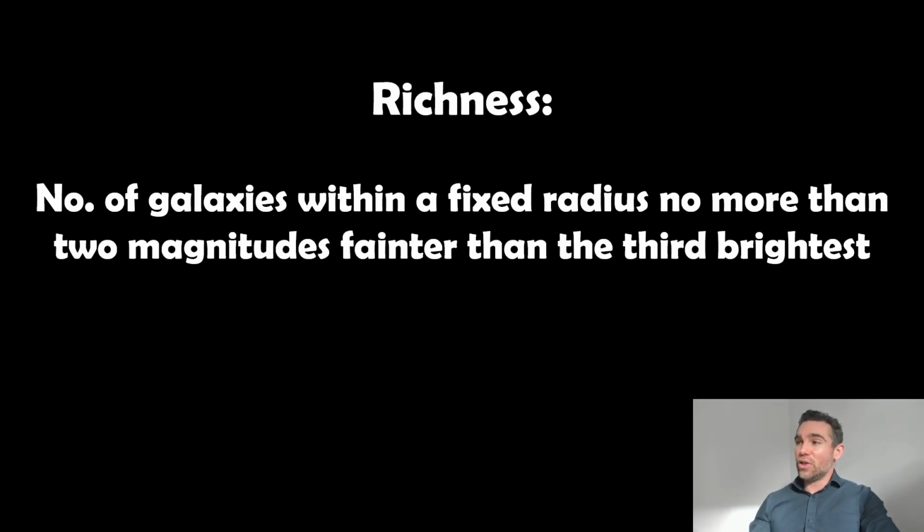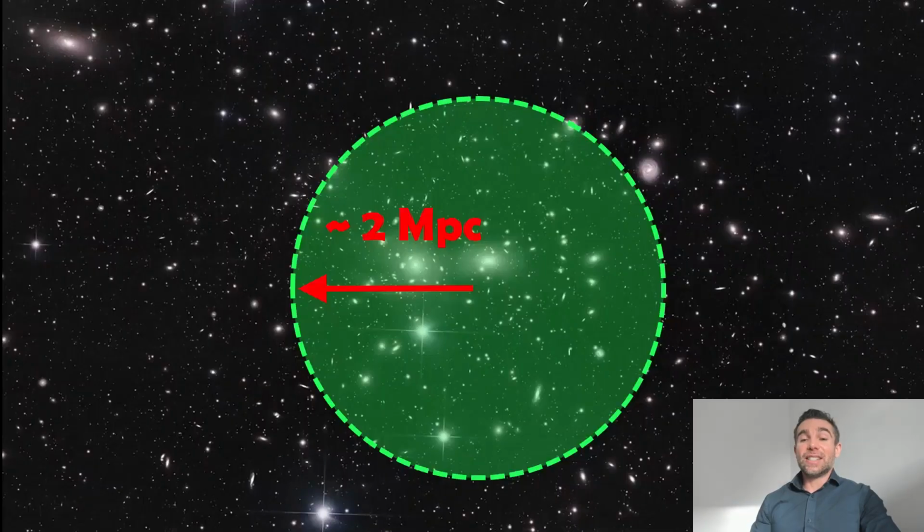So we're basically taking the third brightest galaxy in a fixed radius, and then we're going to essentially count the number of galaxies, within that radius still, that are no more than 2 magnitudes fainter than that third one. So that gives us our richness. And typically what we find is that an Abell radius is around 2 megaparsecs, which relates to what we were talking about, the size of clusters. They're like 1 to 5 megaparsecs.